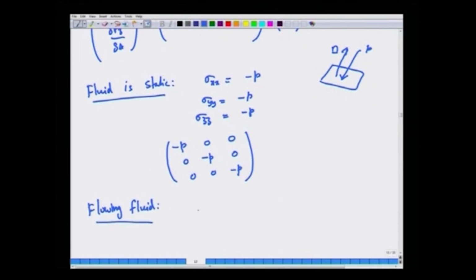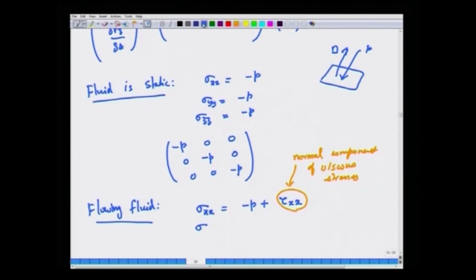under motion, it is normally a usual convention to write the total normal stress as something that is existent even in a static fluid plus the normal viscous stress. This is called the normal component of the viscous stress. It is more appropriate to call them viscous stresses because they are acting in the purely normal direction.